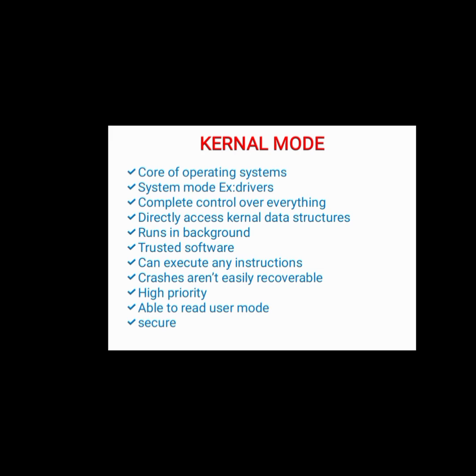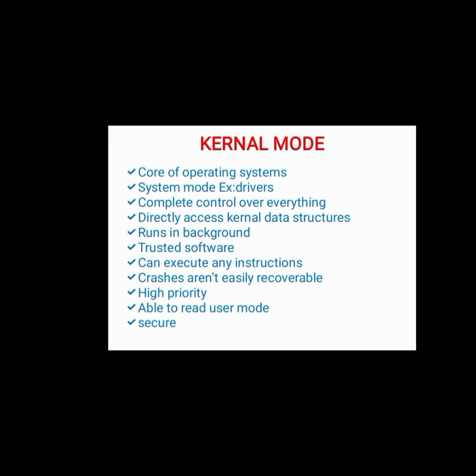When the CPU is in kernel mode, it is assumed to be executing trusted software, and thus it can execute any instructions and reference any addresses. This executing code has complete and unrestricted access to the hardware, and can execute any CPU instructions and reference any memory addresses.